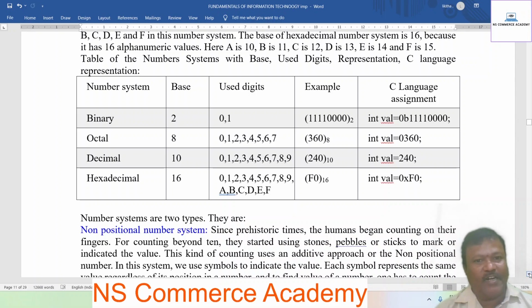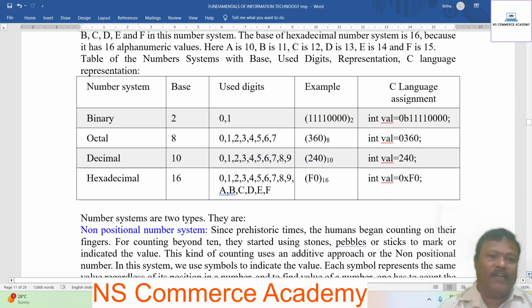Used digits: in binary 0 and 1; in octal 0, 1, 2, 3, 4, 5, 6, 7; in decimal 0, 1, 2, 3, 4, 5, 6, 7, 8, 9; in hexadecimal 0, 1, 2, 3, 4, 5, 6, 7, 8, 9, A, B, C, D, E, F. Examples: 111100 base 2, 360 base 8, 240 base 10, F0 base 16. Like that, we have the information regarding the number systems.